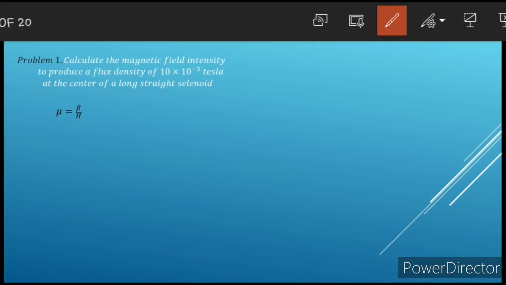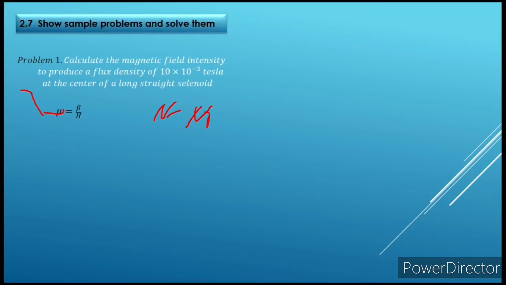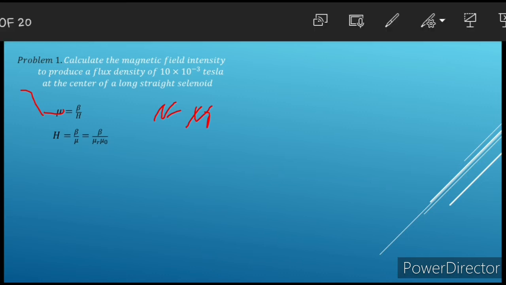And we can replace the permeability with relative permeability times the free space permeability. So our final formula for this problem is magnetic field intensity is equal to flux density over the relative permeability times the free space permeability.